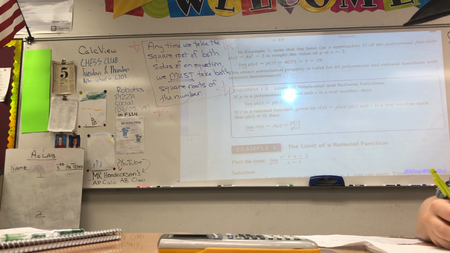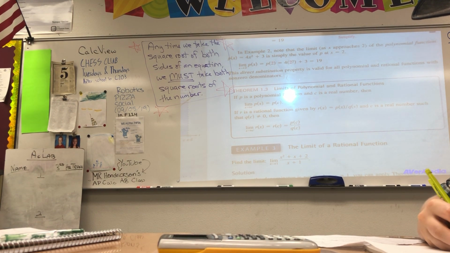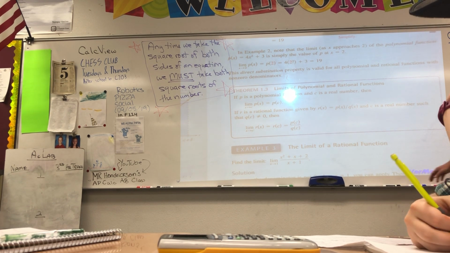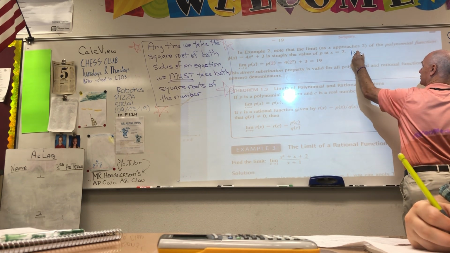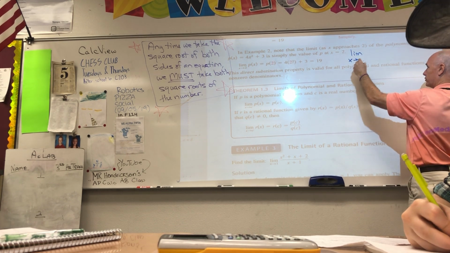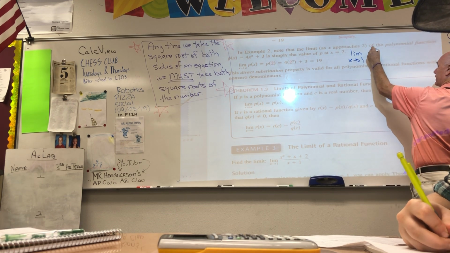And that will work all the time unless, as we've seen, we end up with 0 in the denominator. And so what becomes the obvious question? What do we do if there's a 0 in the denominator? There are a couple of different options. Right now we'll start with this one.